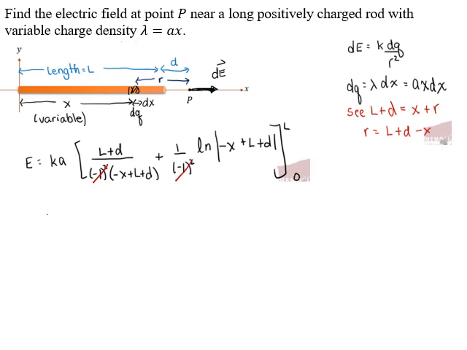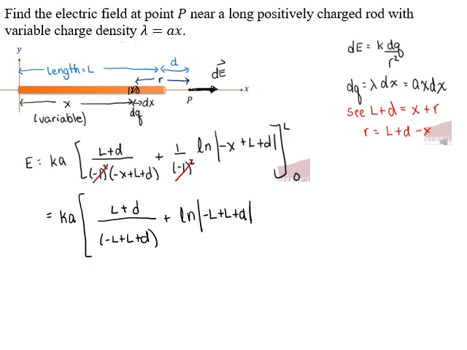In our next line, we'll fill in our x equals L terms and our x equals 0 terms. So we've got ka outside of (L plus d) divided by (minus L plus L plus d), so we filled in x equals L there, plus natural log of (minus L plus L plus d).